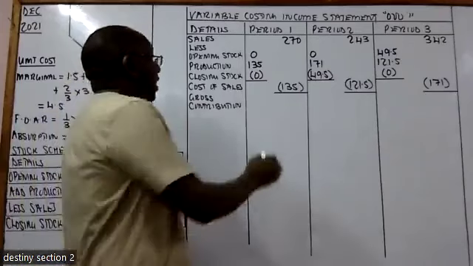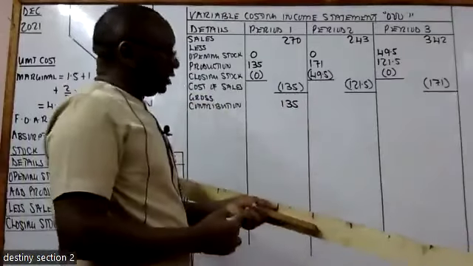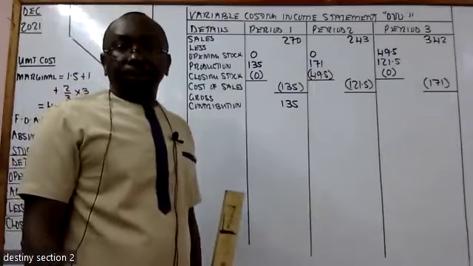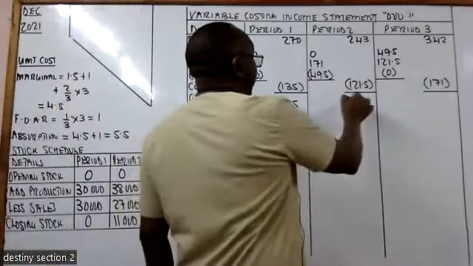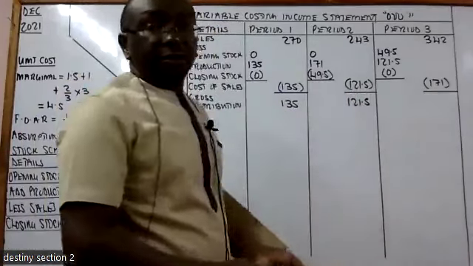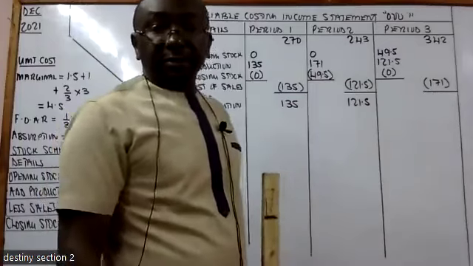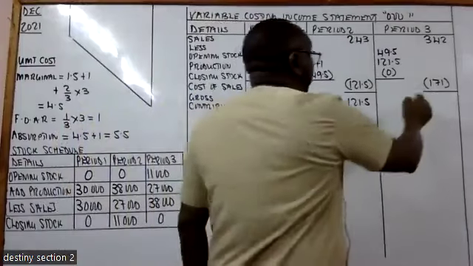It is 135. 243 minus 121.5 is 121.5. And 342 minus 171 is 171.